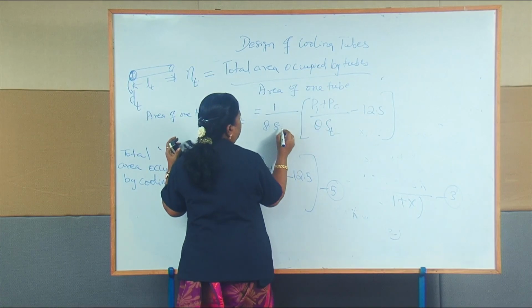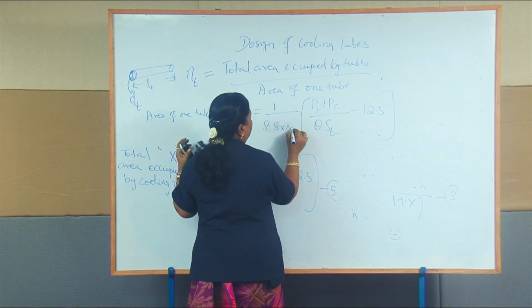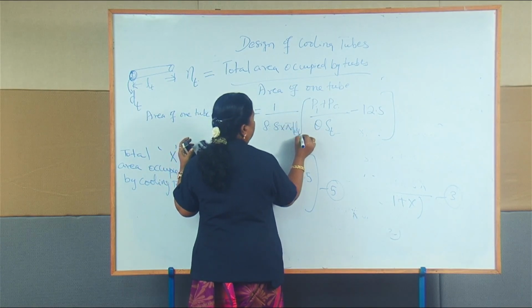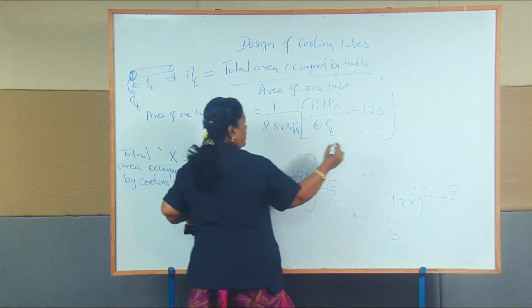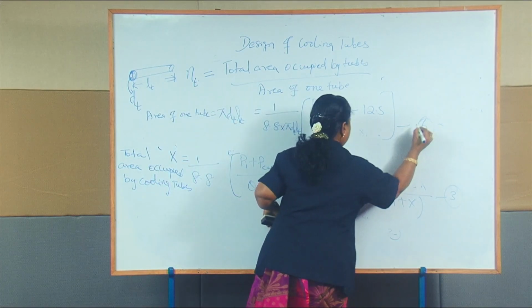Area of one tube is nothing but pi into dt Lt. So, consider this as equation 6.